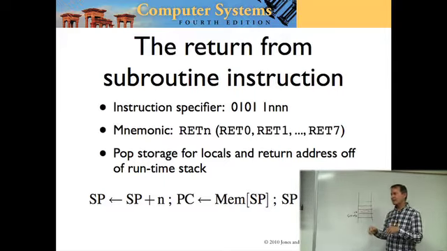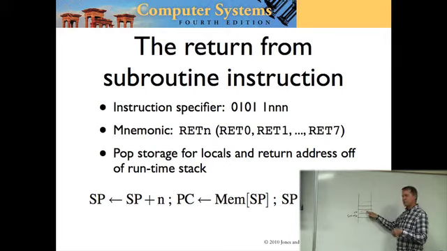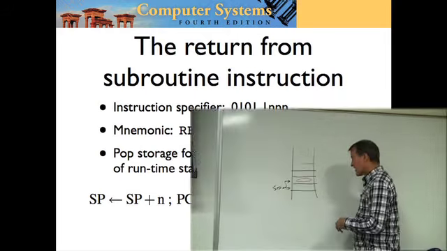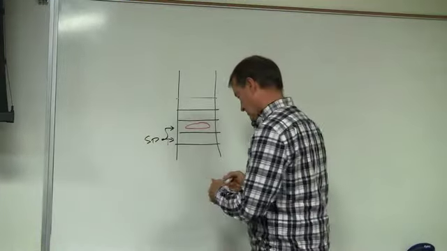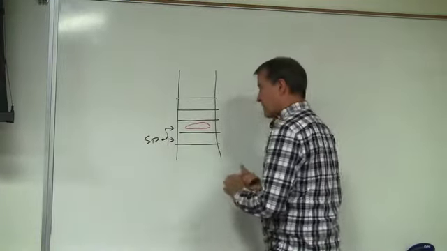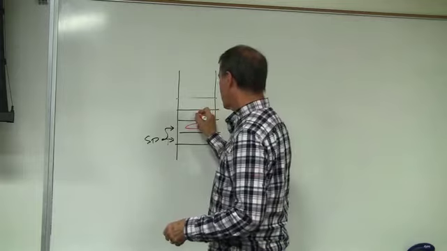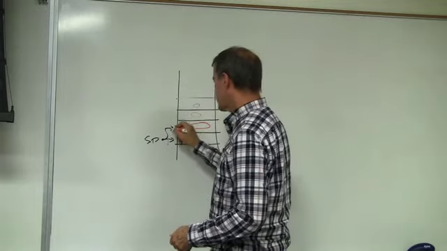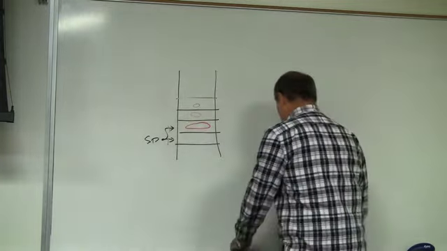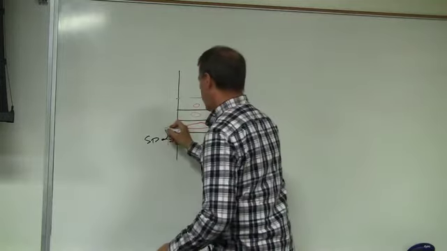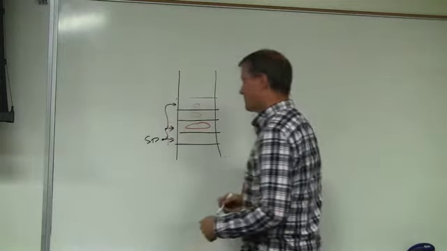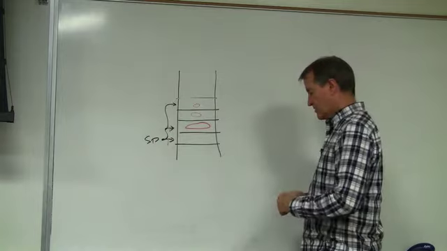Built into the ret is not only the ability to do this, but if there were some local variables here and here such that SP was pointing to here, are you with me on this figure?